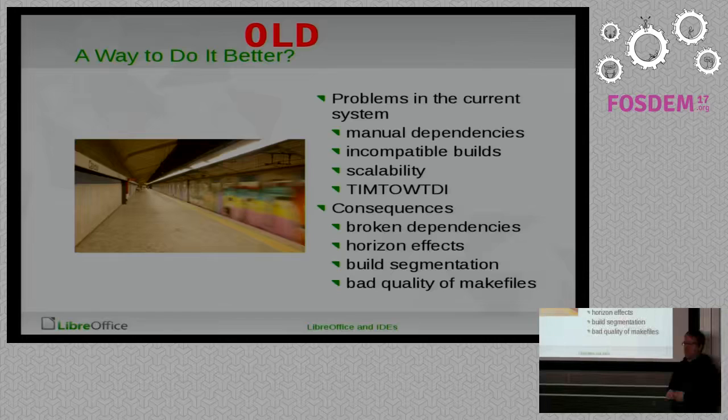There were manual dependencies, there were incomplete dependencies, there were incompatible builds, which means that you could build one part and you had to know which part would change if you changed that, and if you didn't, horrible things would happen, and all kinds of other issues.